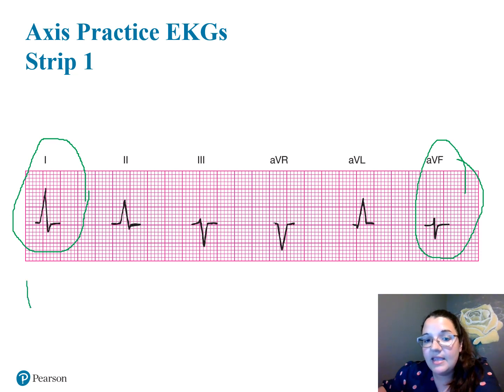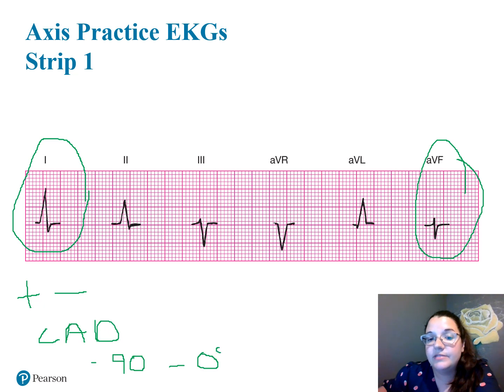In lead 1, I am positive, but in lead AVF, I am negative. If I have a positive negative, I am LAD, and I am in between the negative 90 and 0 degrees. Okay?